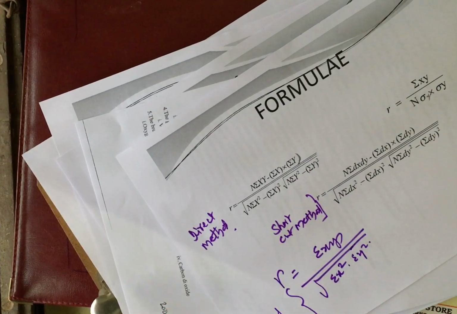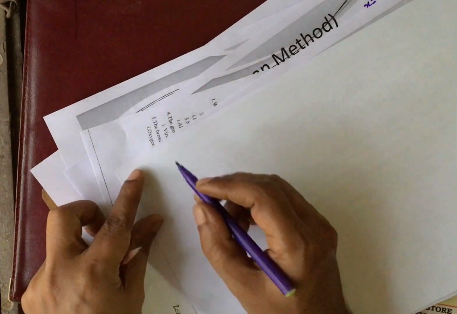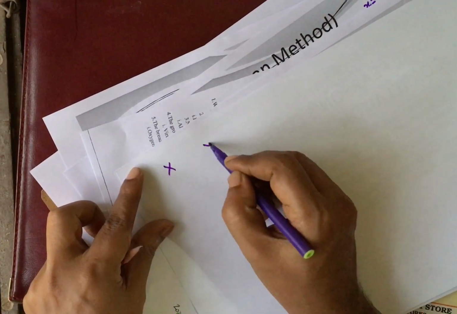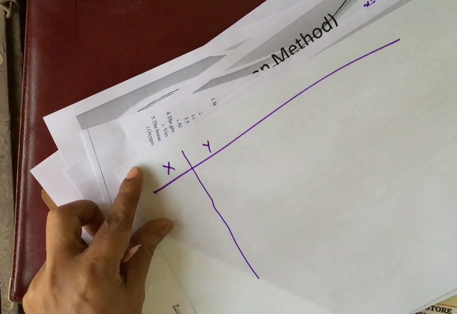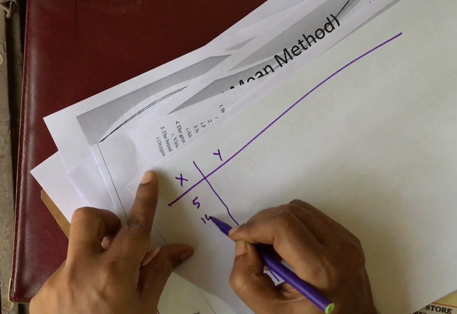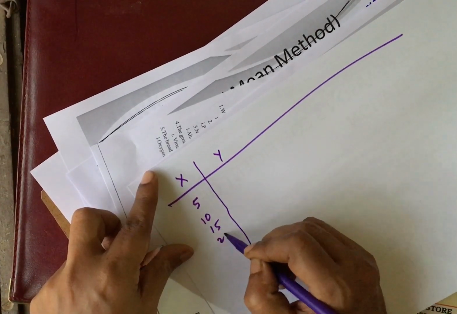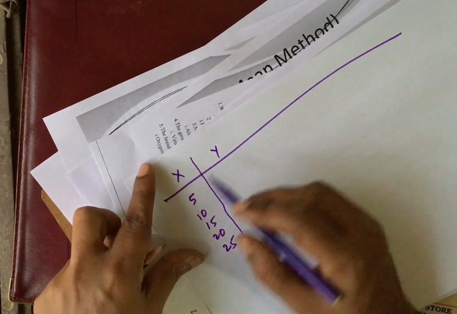Now one direct method we can see, with x value and y value. For example, take the 5 table: 5, 10, 15, 20, 25, simple.